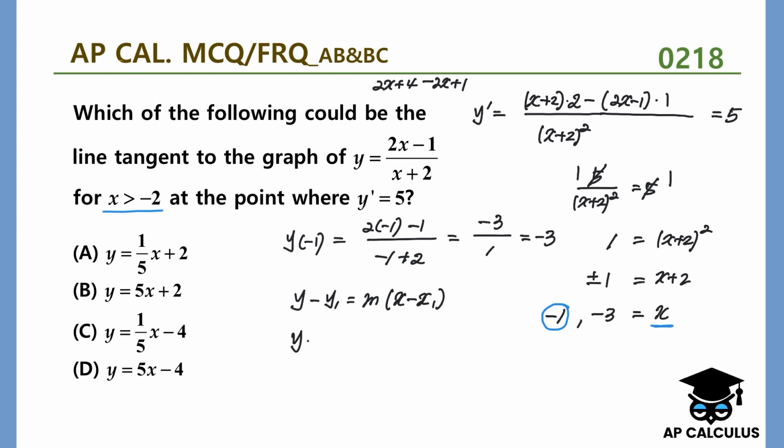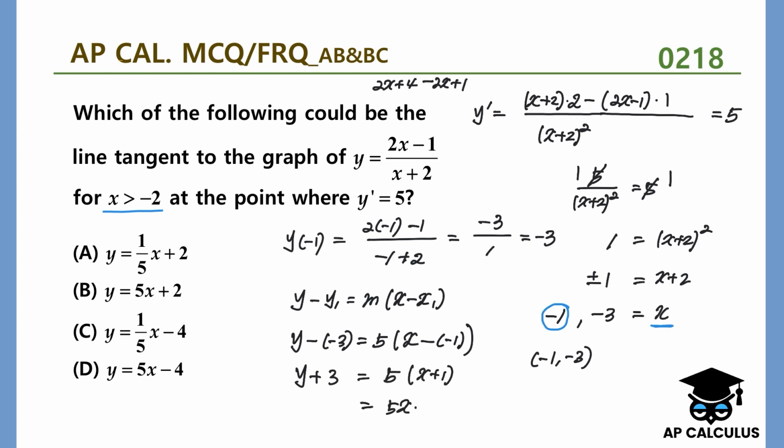So y minus negative 3 is equal to 5 times x minus negative 1, right? The point is negative 1, negative 3. So y plus 3 is equal to 5x plus 5. So y is equal to, subtract 3 each side, 5x plus 2. So the answer has to be B, right?